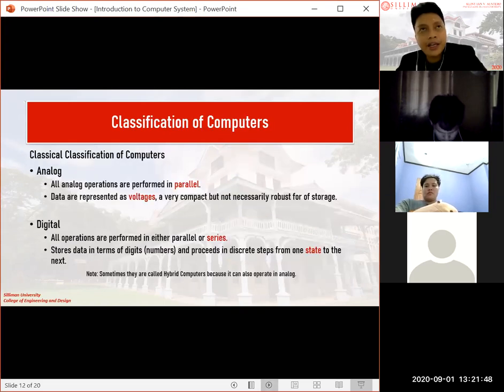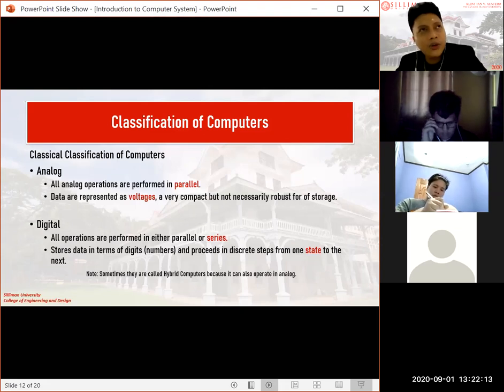So to classify, as I mentioned, there are two types of computers, the old one and the new one, which is digital. The old one is the analog, while the other one is digital. If we still lived in the 1920s, then our computers would be called analog computers. So how do you classify it as an analog computer?